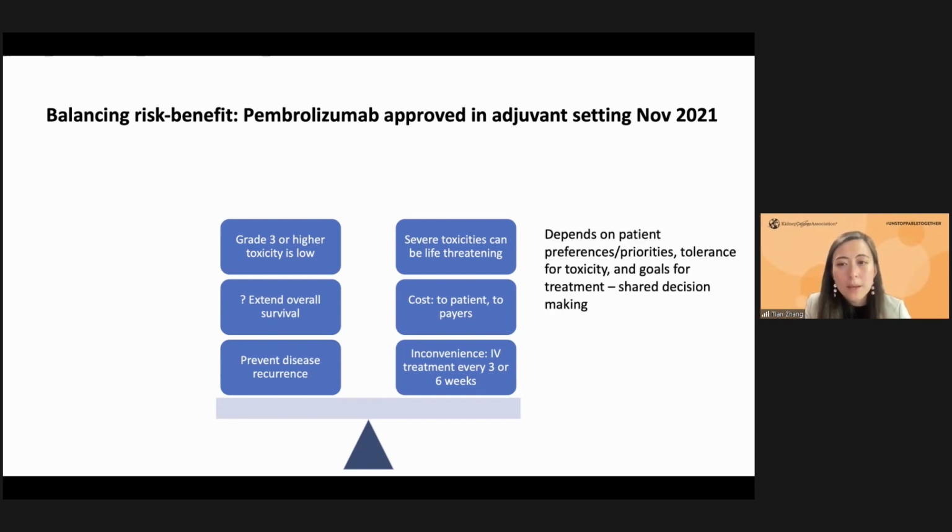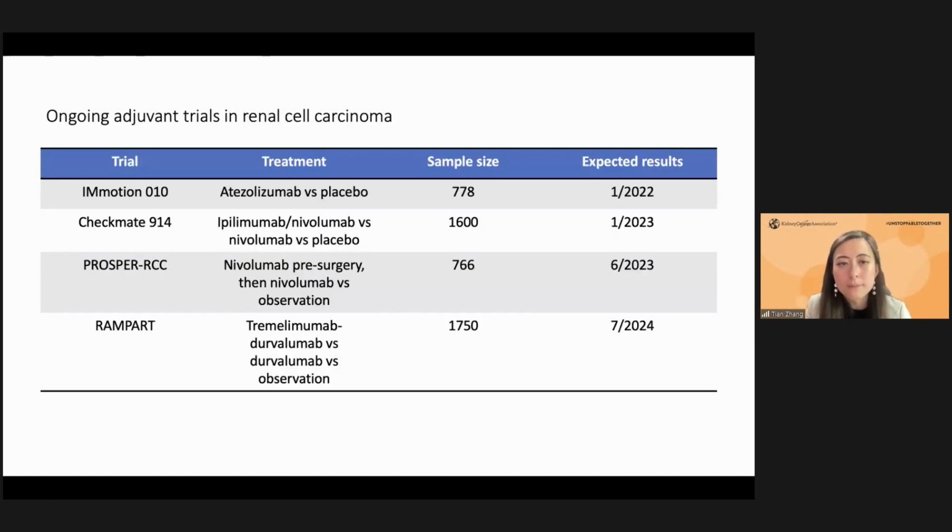So certainly some discussions about patient preferences and priorities, tolerance for toxicities, and their goals for treatment. And it's very much a shared decision-making process for whether this makes sense when we're deciding to embark on a year of pembrolizumab treatments with our patients.